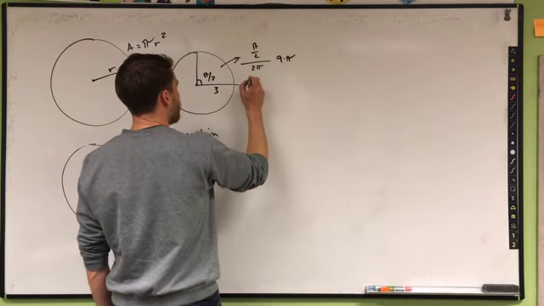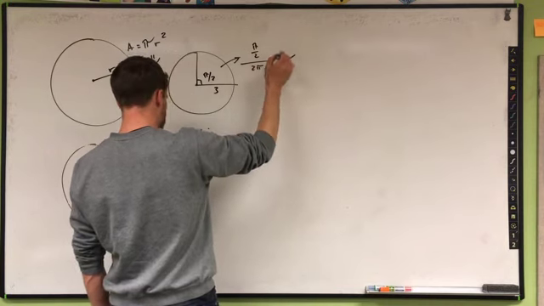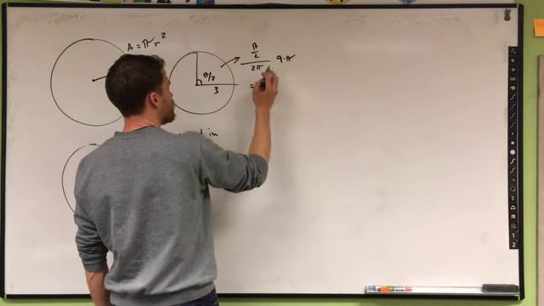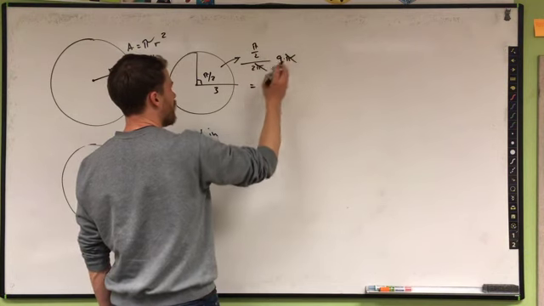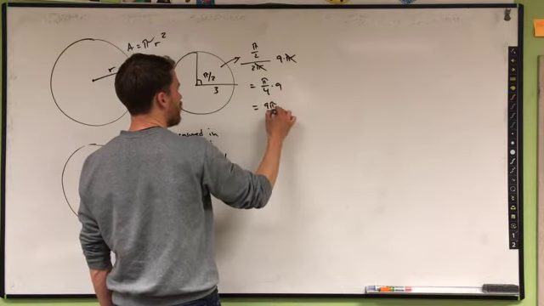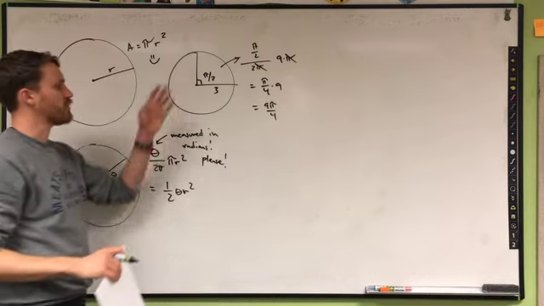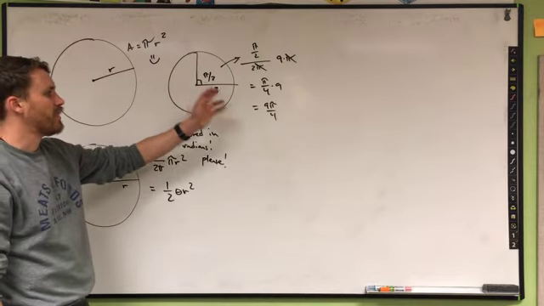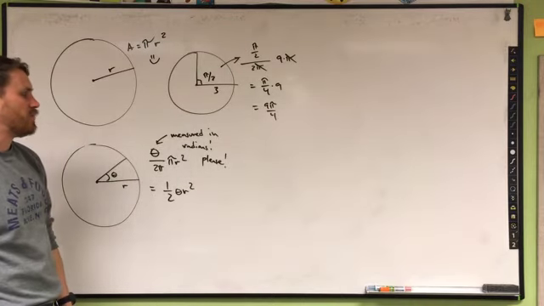Right? Because that's theta over 2 pi times pi r squared. So that should just simply be pi fourths times 9, or 9 pi over 4. But of course that makes sense because it's 1/4 of the circle, and so if you did pi r squared and divided by 4, you would get 9 pi fourths.